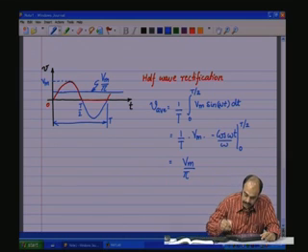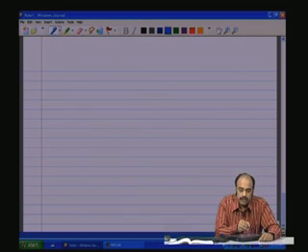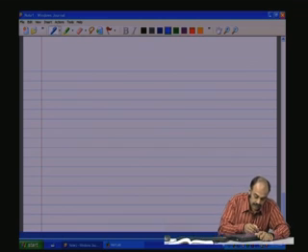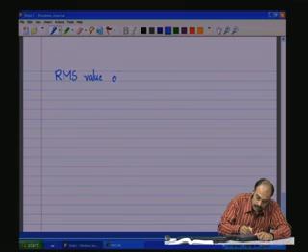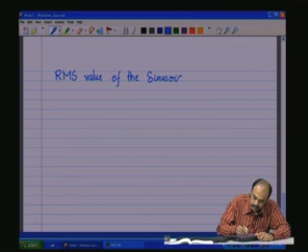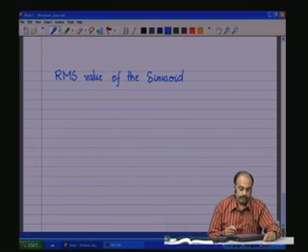There is one more important feature which is commonly used everywhere, that is the root mean square or the RMS value of the sinusoid. What does RMS value mean?